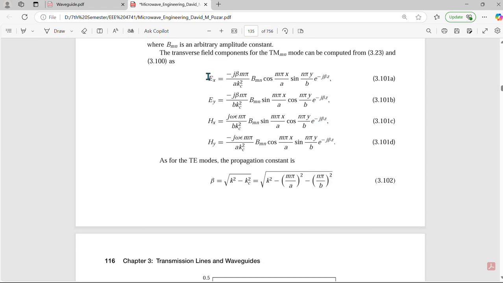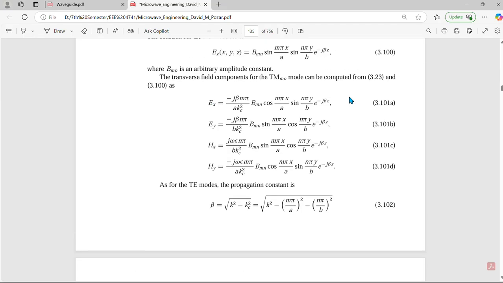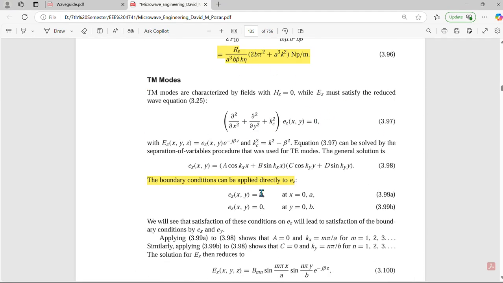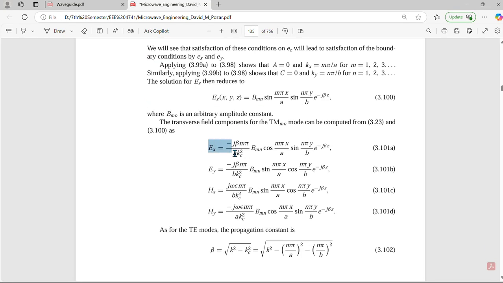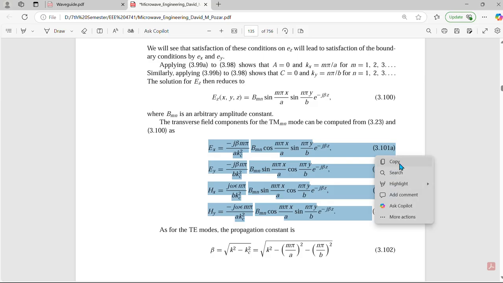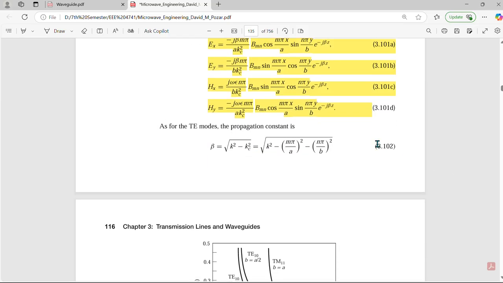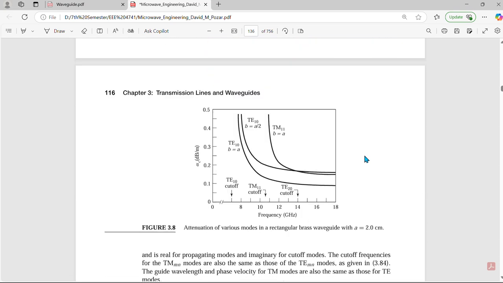Now we are in the TM mode, and we will be analyzing this equation, and then applying the boundary conditions each time, we will derive all these equations here. And then the propagation constant beta is equal to the square root of k square minus kc square, like the previous one.